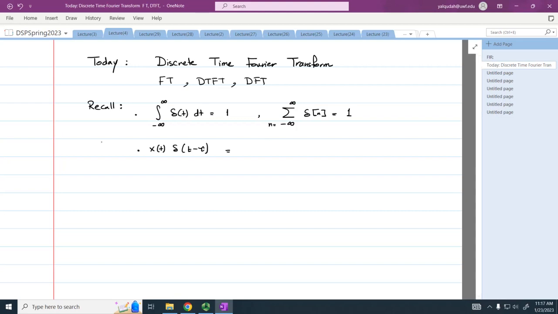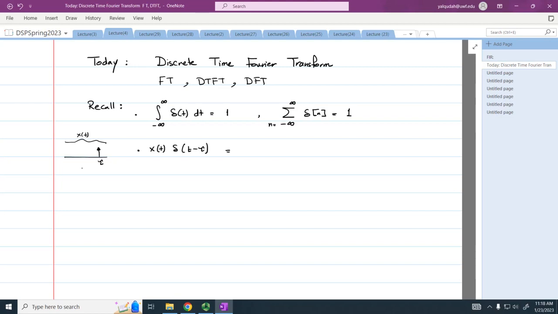What is this? I have a signal, x of t. I'm multiplying this x of t with an impulse at tau. I'm taking x of t, multiplying it with delta of t minus tau. Delta of t minus tau is just an impulse at tau. Now, when I multiply these, remember, what does this impulse look like?